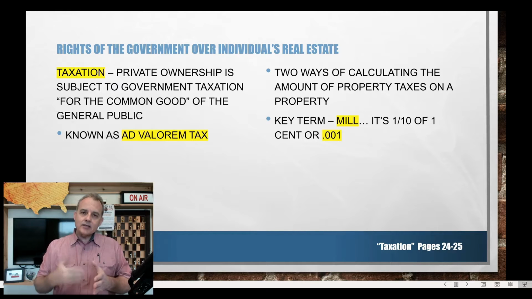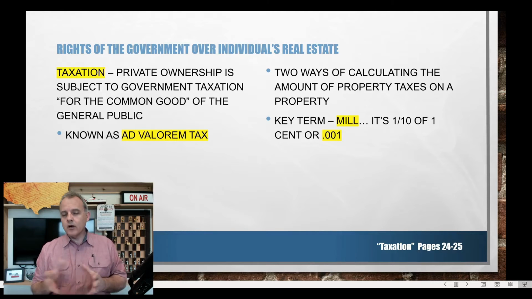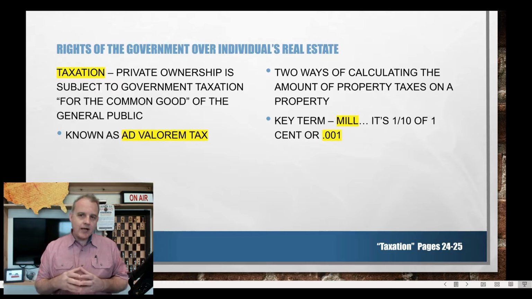Any type of tax that's assessed on a property owner is called ad valorem tax. That's its legal name. And there are 2 ways to calculate property taxes. If you look on page 25, there are samples of this and how you calculate these property taxes using the mill levy system and the dollar value system.